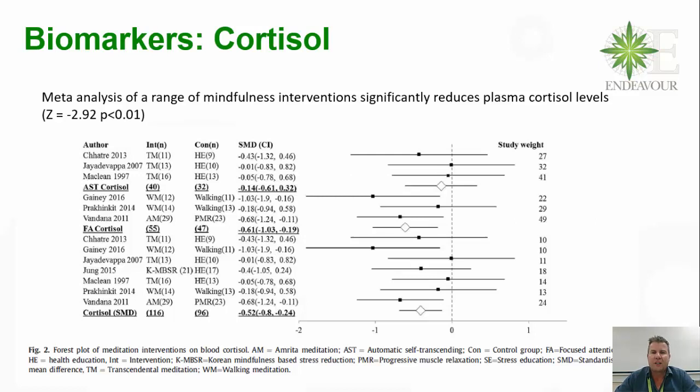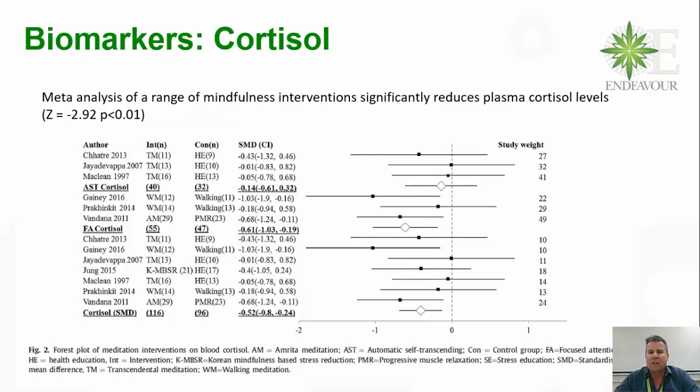So this is a systematic review that looked at the effectiveness of a range of mindfulness interventions on cortisol levels in patients. And basically this is a forest plot. A forest plot basically shows the outcomes of studies and expresses the outcomes as a mean. And if you look on the right hand side, there's a dotted line up from 0.